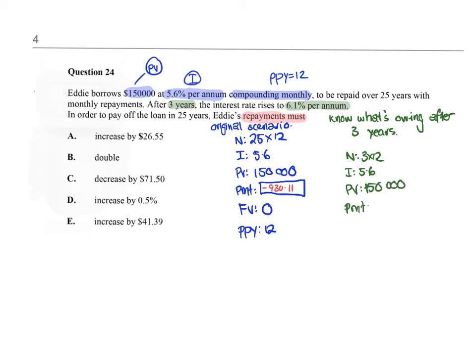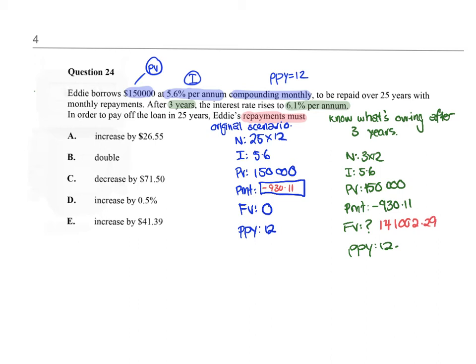The payments we now know are negative 930.11, and the FV is what I want to know, and PPY is 12. So we pop that in and we get a final value of 141,002.29.